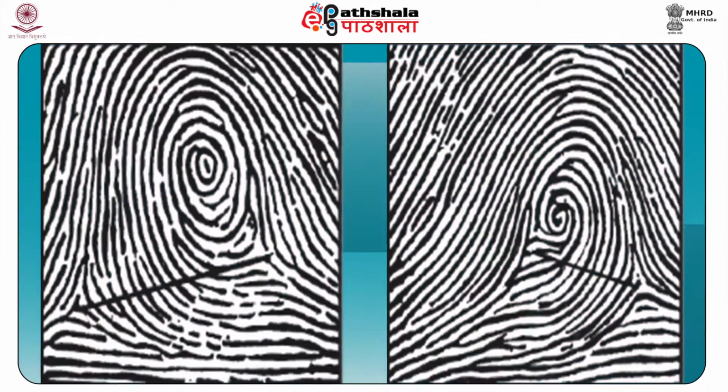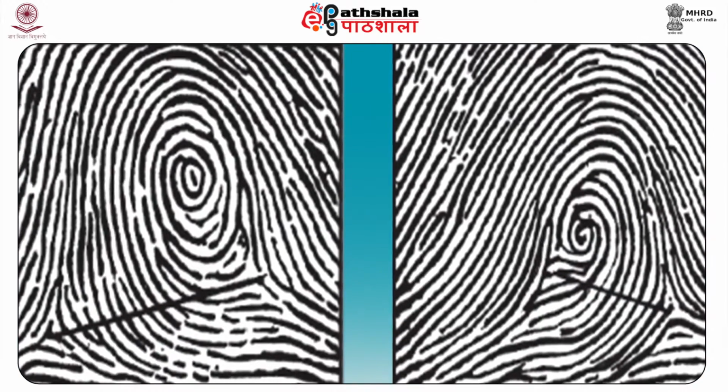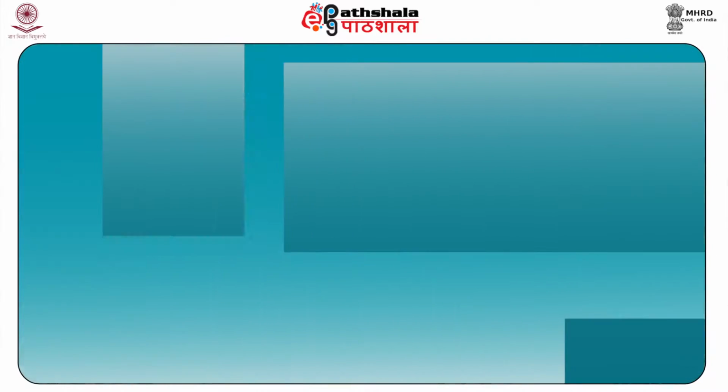Like whorls, at least one ridge makes one complete circuit about the point of the core and there are two deltas. But unlike whorls, the line joining the two deltas should not touch or cross any recurving ridge in the pattern area.